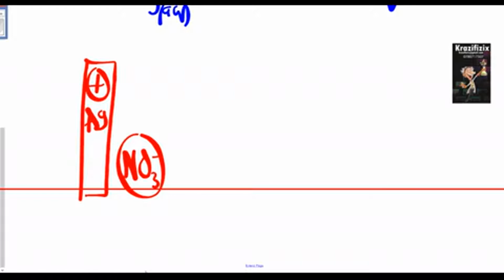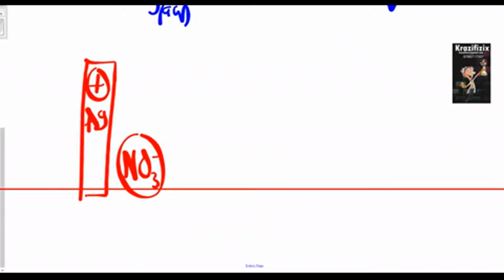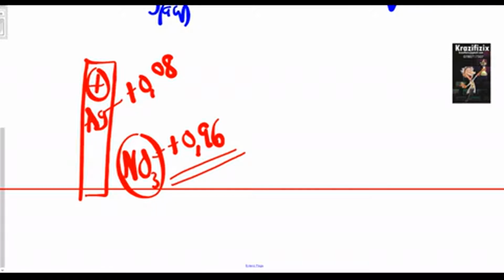Okay, what do we have on our table? Here we go. We have nitrate, and we have this. Positive 0.8 for silver, and positive 0.96 for nitrate. The more positive will be reduced, while this one should be oxidized.